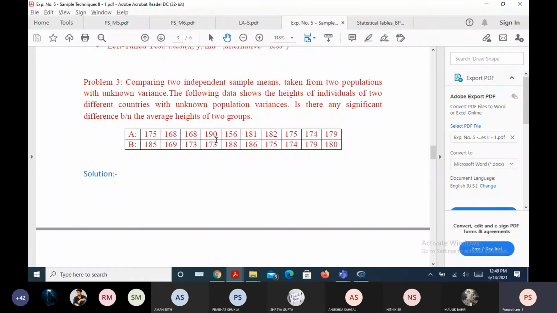Let us suppose A denotes the sample of one country's individuals' heights, and B denotes another country's individuals' heights. We do not have population means, and the population variances are unknown.